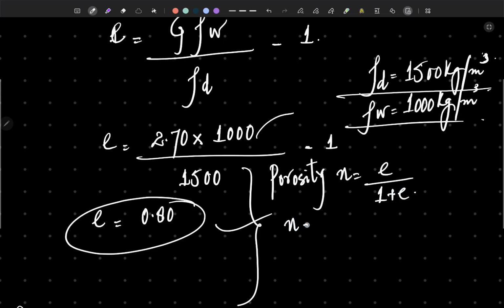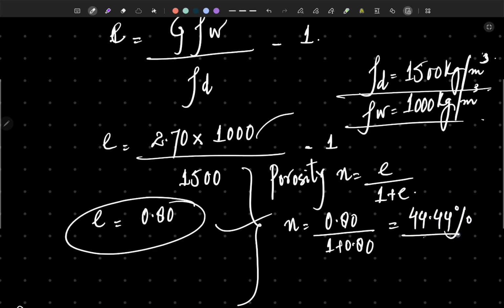So we will substitute the values and find the porosity. e we have just found out, 0.80. So it's 0.80 over 1 plus 0.80. By calculations, porosity is 44.44%, because we usually express it as a percentage, but in computations we take it as a decimal. So we have found the porosity as well, and it is equal to 44.44%.